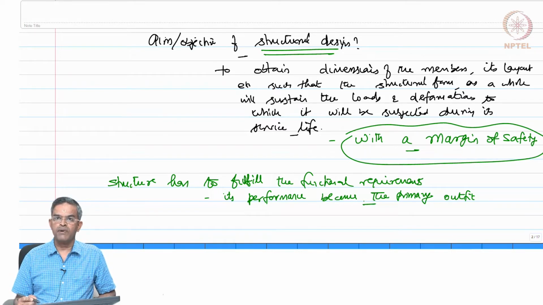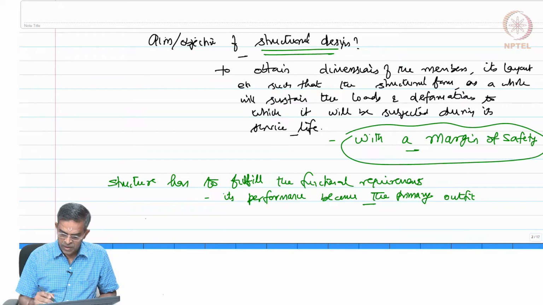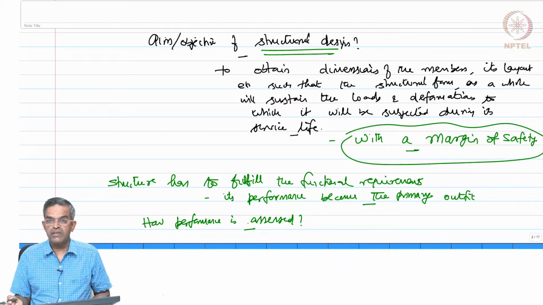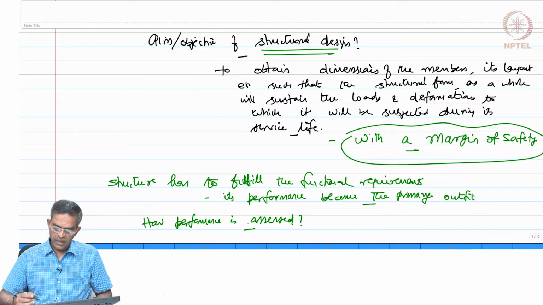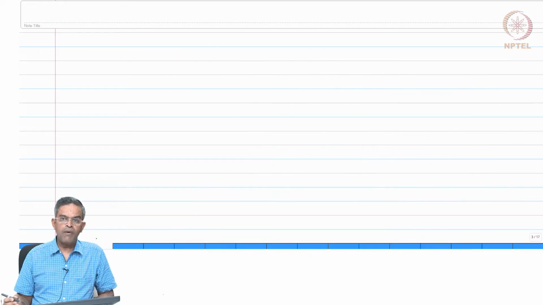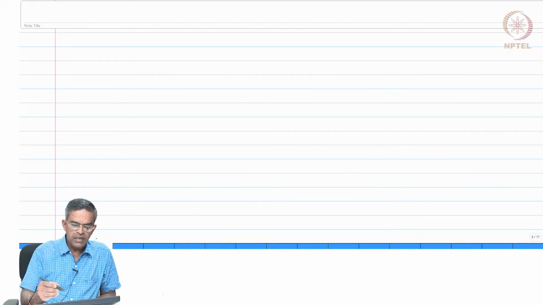Now, how do you assess its performance? Because we have got to check whether the performance is fulfilled satisfactorily. Performance is assessed by various limit states.